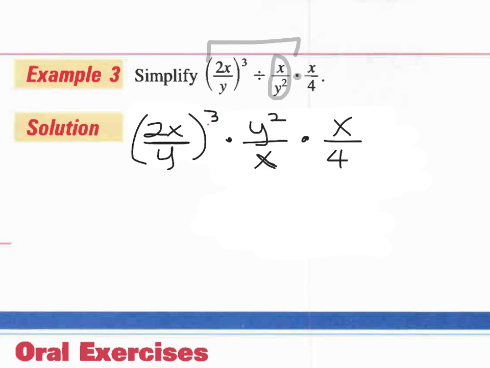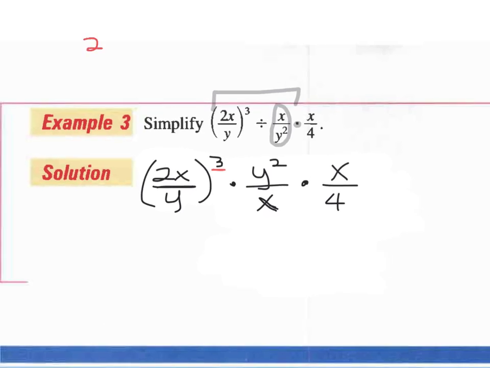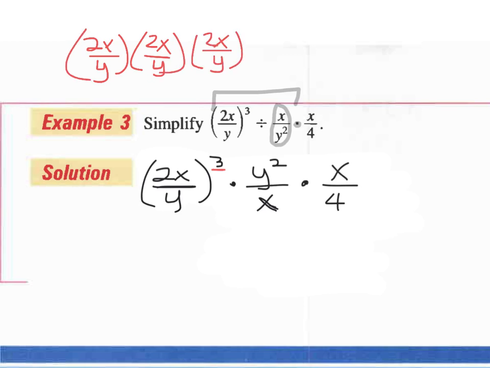This exponent of 3 goes to the entire fraction. So really what this means is 2x over y times 2x over y times 2x over y. We've got 3 of them. So we could multiply that out, and we could get 8x to the 3rd over y to the 3rd times y squared over x.